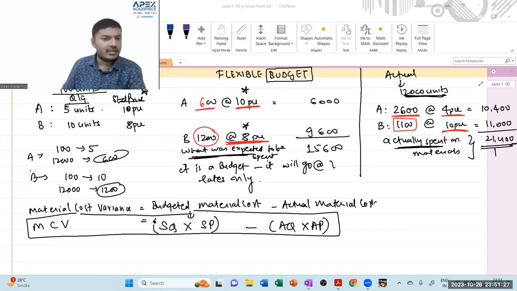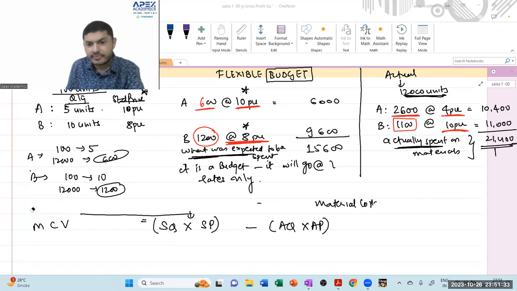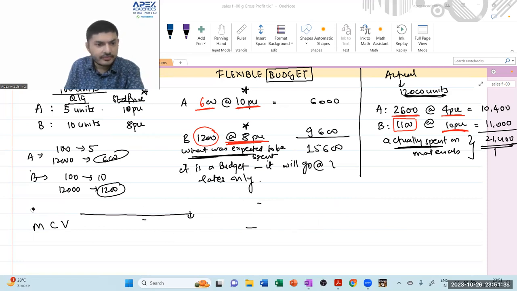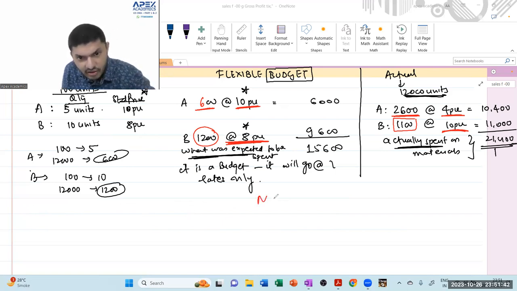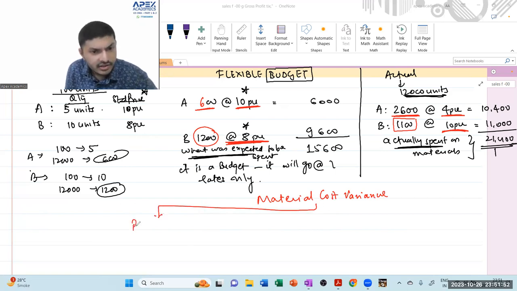I would now like to take the things down to more serious business. What is more serious business? Here it is clear that material cost variance is dependent on two aspects. First is the price, which I compared in the form of hashtag.